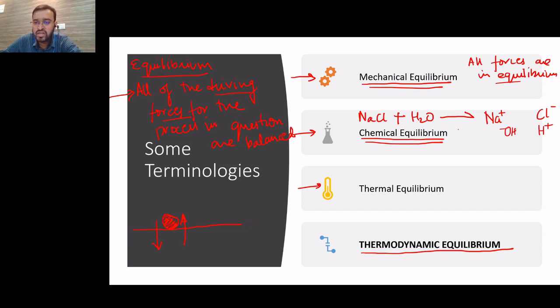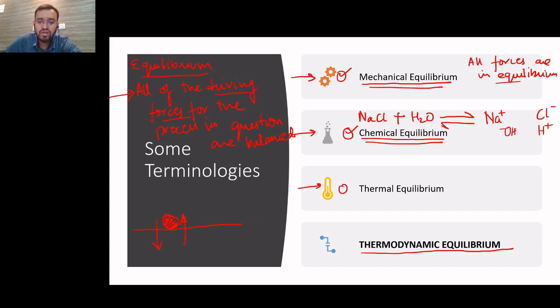But it will not keep going indefinitely. The salt dissolves in water and achieves an equilibrium where it cannot dissolve more. If you keep on adding more salt, it is not going to dissolve more. So it achieves chemical equilibrium, where the driving forces in a chemical reaction have attained equilibrium. So you have mechanical equilibrium and chemical equilibrium.